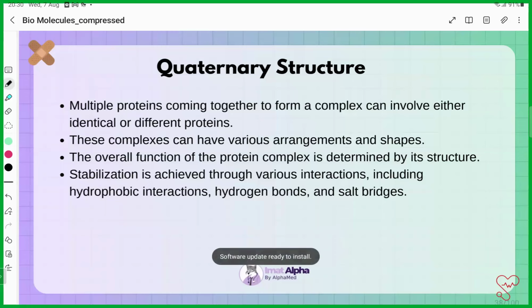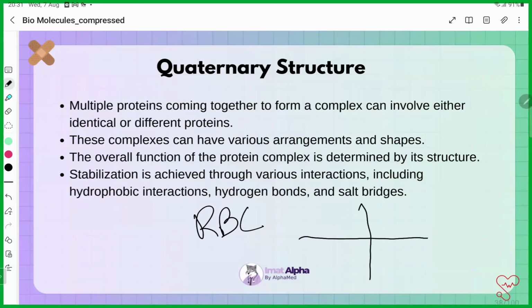What kind of protein do we have in our body which is super functional? Which is the red blood cells. Red blood cells are made up of this shape. So it's made up of beta, beta, alpha, alpha.